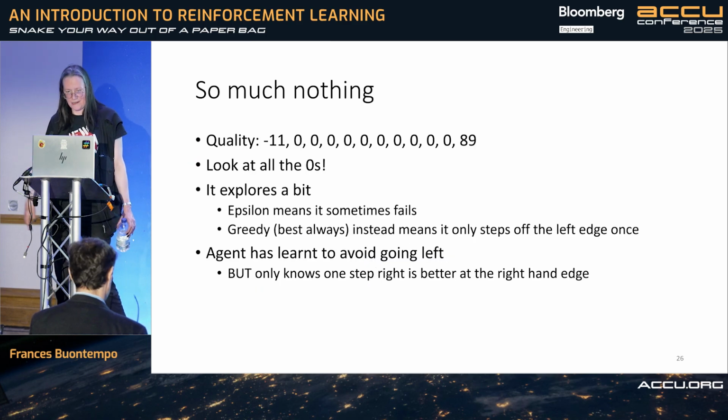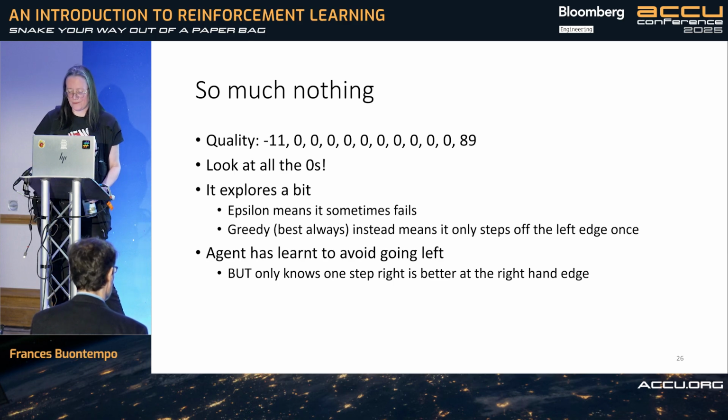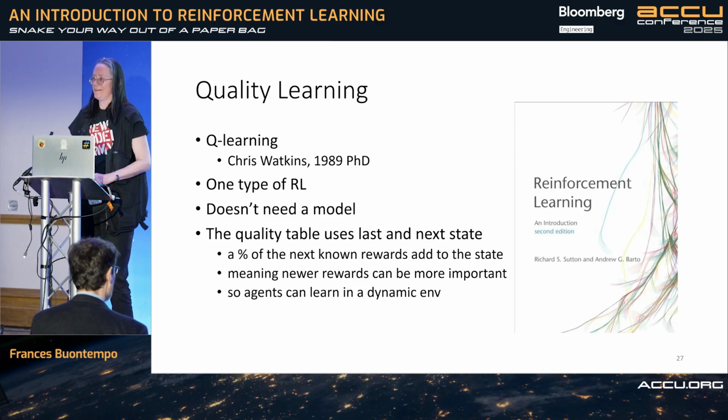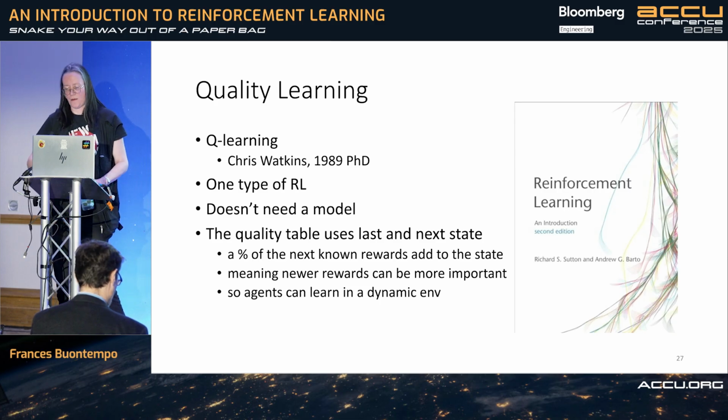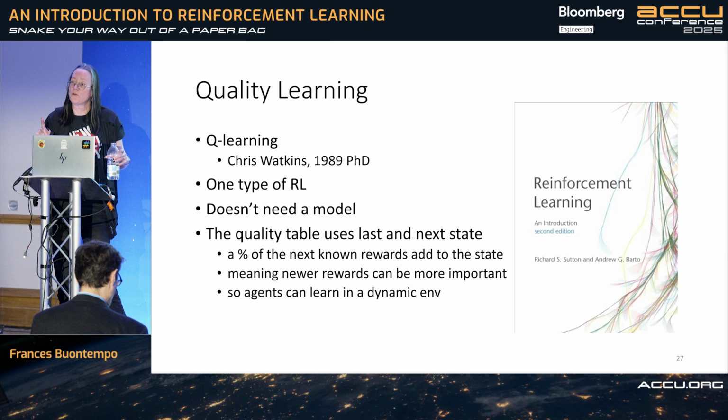So we've got all these zeros. We can do something about this. And at this point, I am reading a huge book and I haven't got very far through. So I'm just going to focus on one type of reinforcement learning. We've built this lookup table.